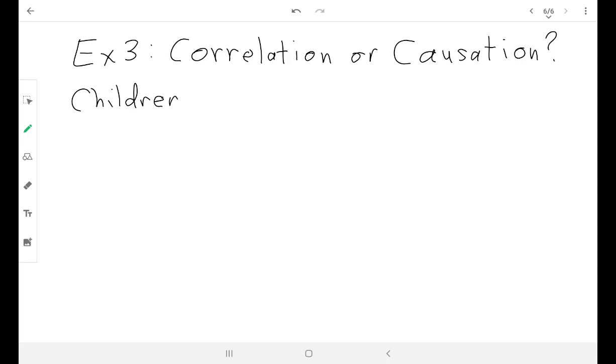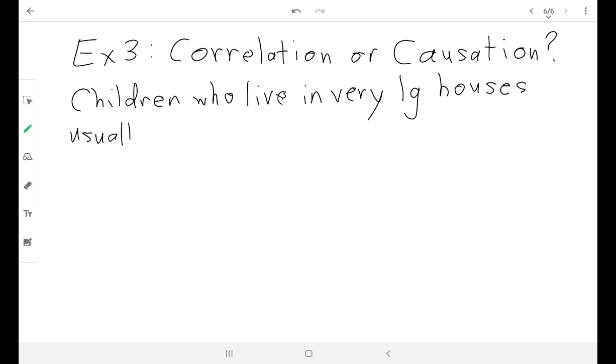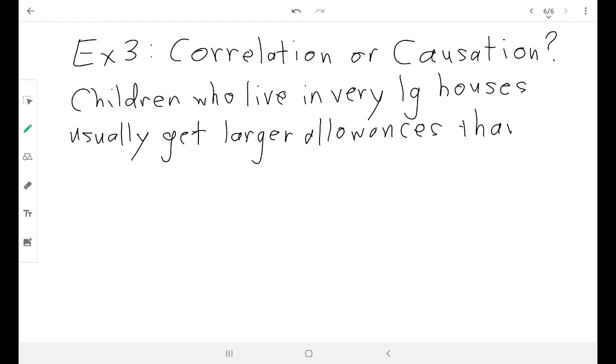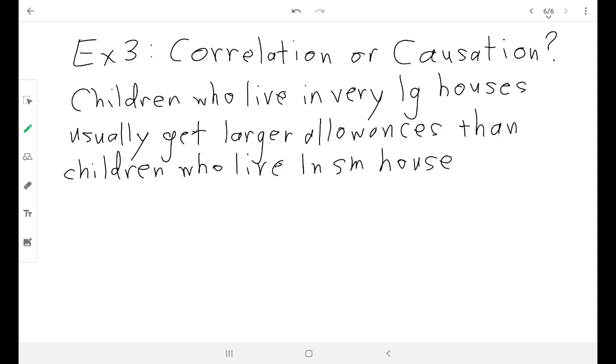Children who live in very large houses usually get larger allowances than children who live in small houses. So the question is, is it correlation or causation?